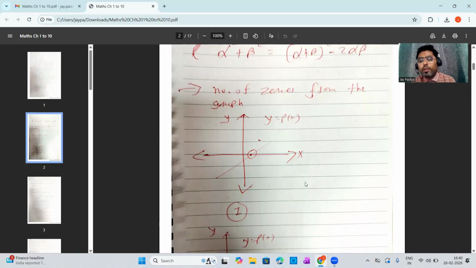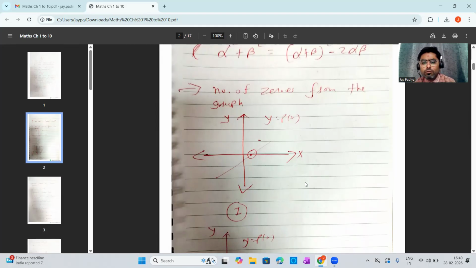They will give you a graph, and from the graph you have to give the answer: how many zeros does such a polynomial have? So the conclusion is that you have to observe the graph and make sure that the name of the graph is y equal to p of x.